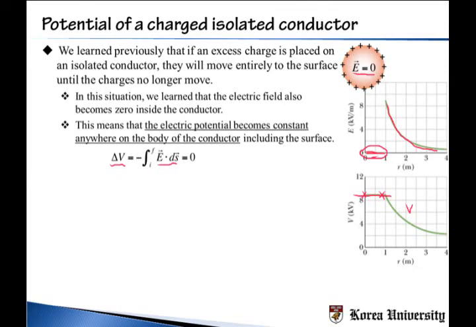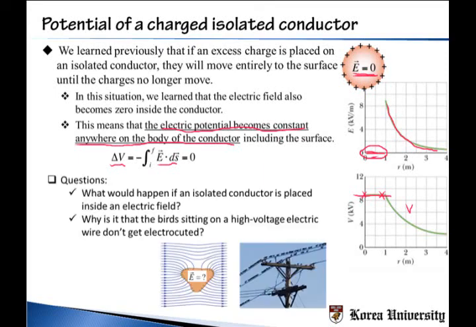So there is another very important thing you have to remember: electric potential is constant anywhere on the body of the conductor. It is physically equivalent to saying that the electric field is zero anywhere inside the conductor. This is something you have to remember.